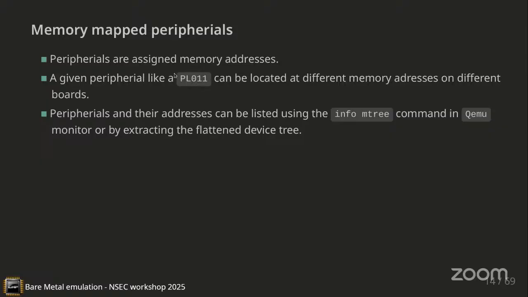So we'll be using the PL011 UART to write Hello World on the screen. The goal is to write a simple program that will write Hello World, and that's the emulated UART that we'll be using.